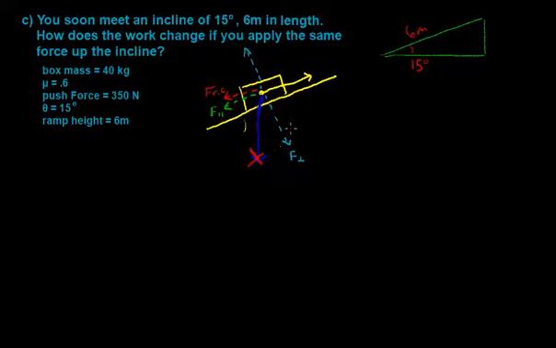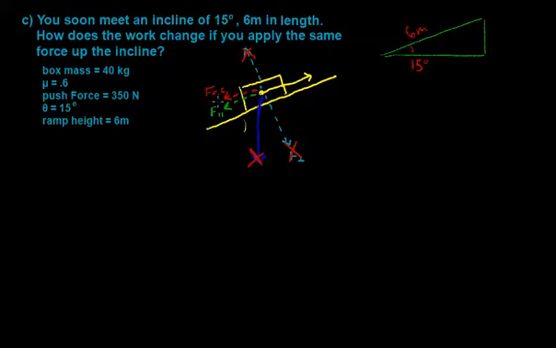But we have the perpendicular component of gravitational force and the normal force, which are equal and opposite to each other, as we said before. So these are actually going to cancel out, and we don't have to worry about either of these when we're calculating the work. So with that, we're left with friction force, the parallel component of gravitational force, and our pushing force.